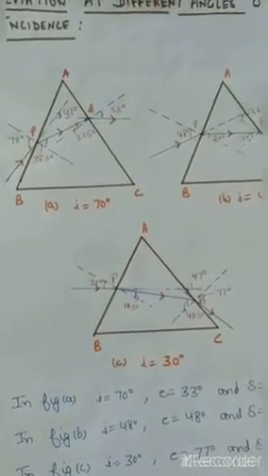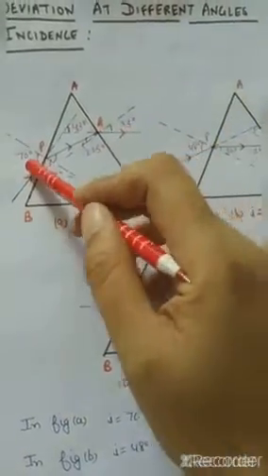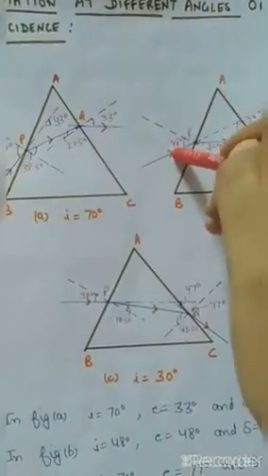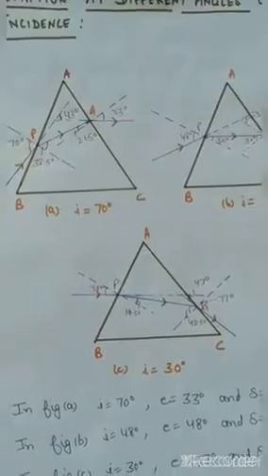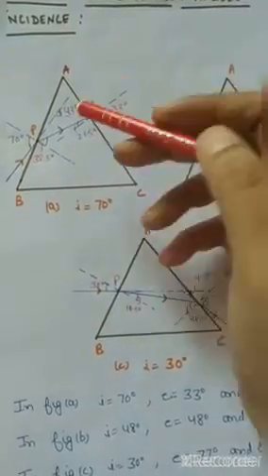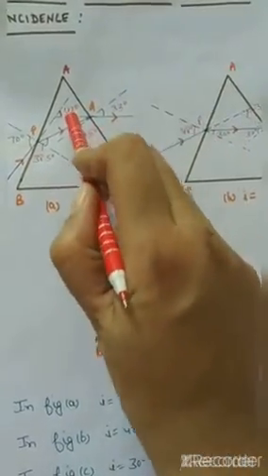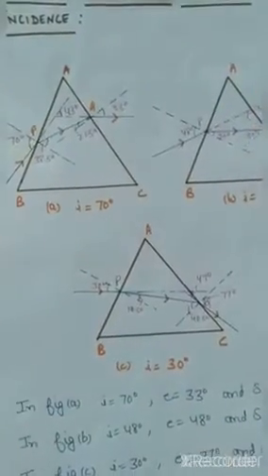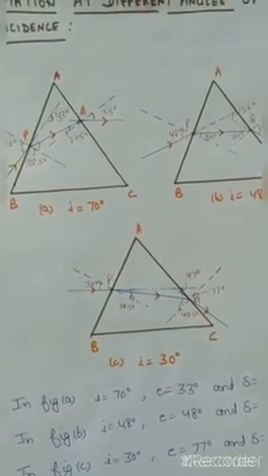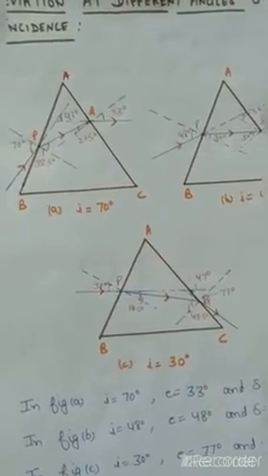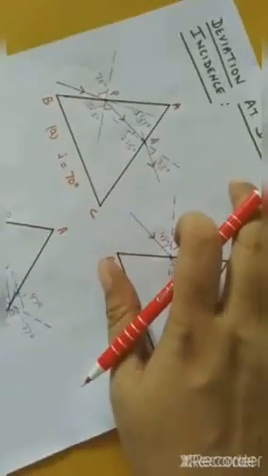Suppose this experiment you had done for 30 degree, then for 48 degree, then again for 30 degree. Like this, for different angles you will do this experiment, and then you will check what is the minimum deviation you are getting, and in which case you are getting I equal to E, that will be the minimum deviation case.